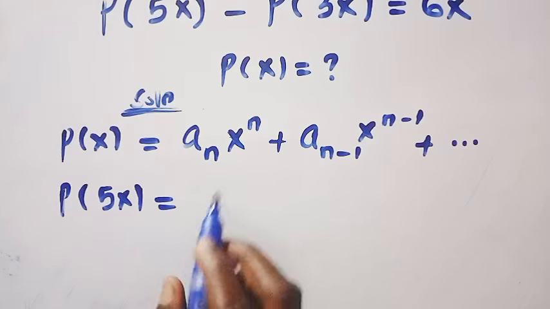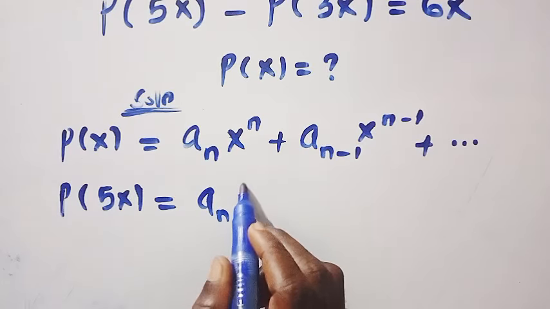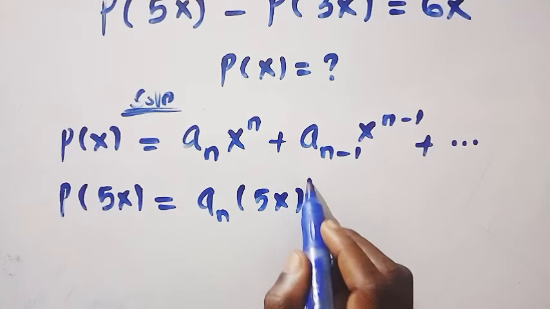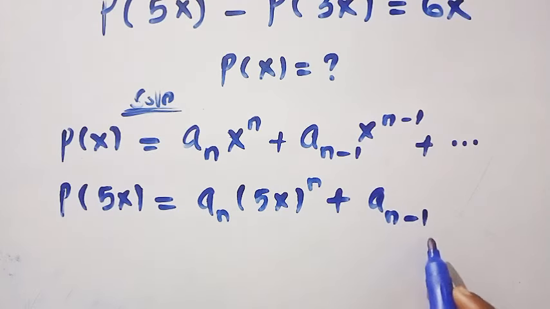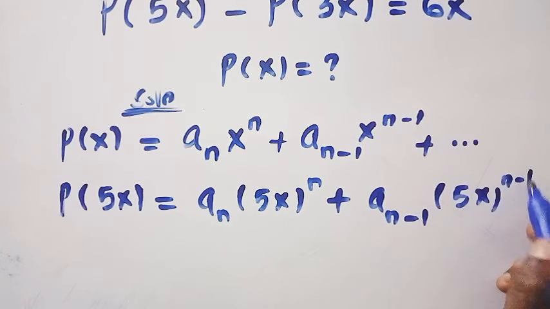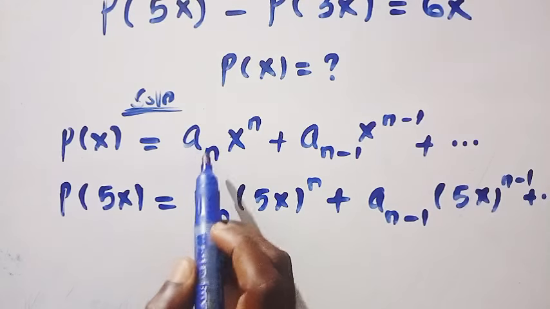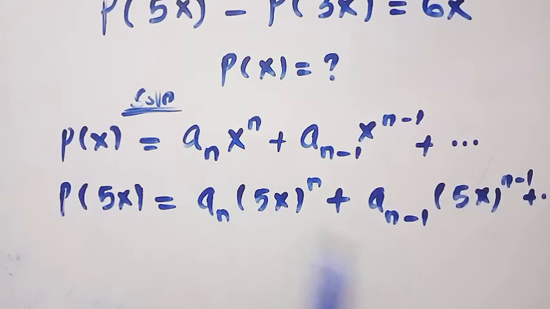So p of 5x equals a_n times 5x raised to power n, plus a_(n-1) times 5x raised to power n minus 1, and this is how it continues. For this to be of degree n, a_n must not equal 0.